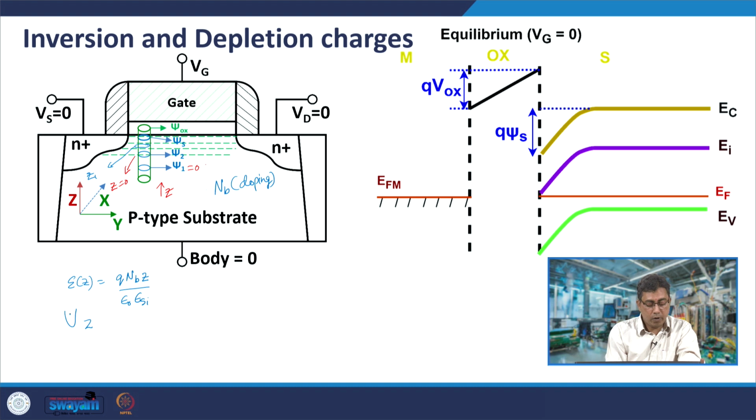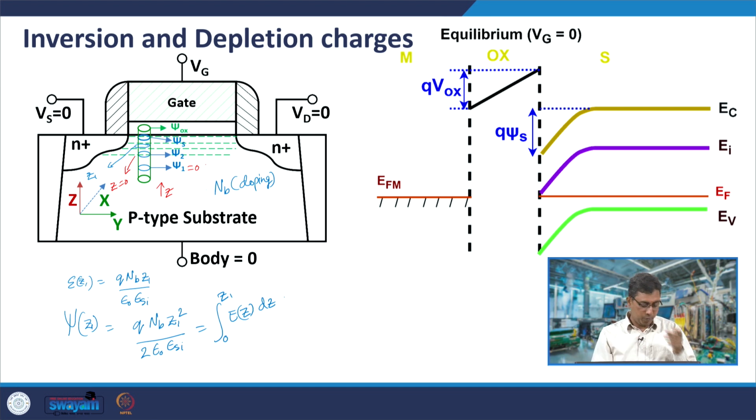Okay. Now, what is the potential? Let us use chi for potential. What is the potential at z, or so to say z1? I have just integrated the electric field, so that would give me the potential.